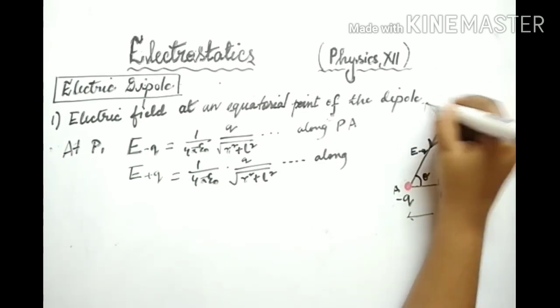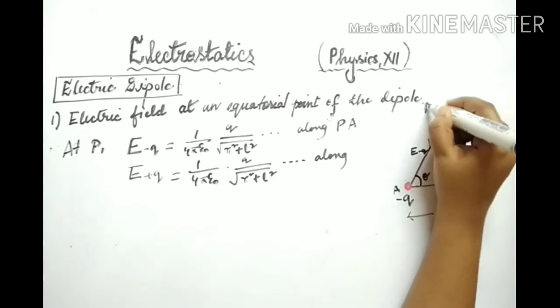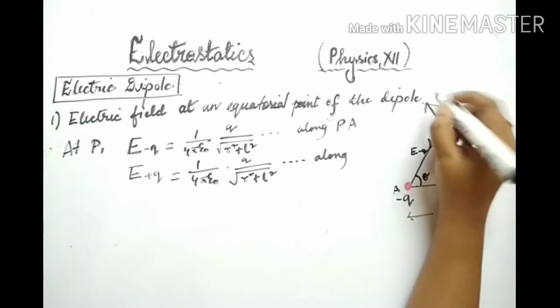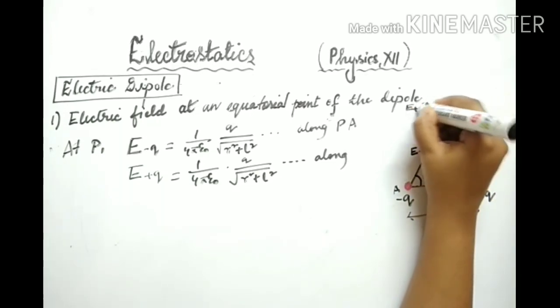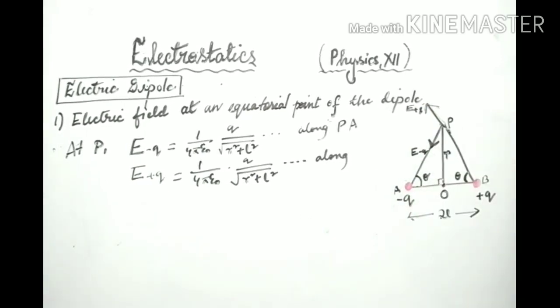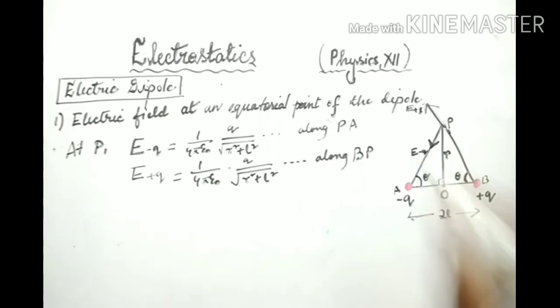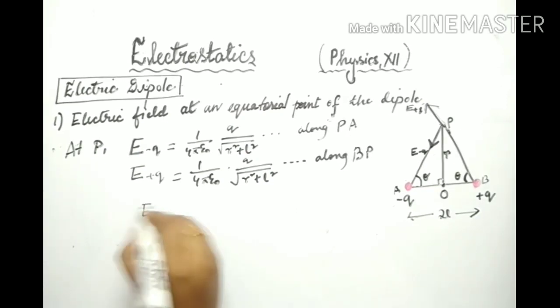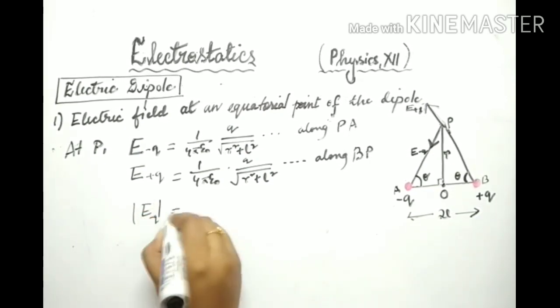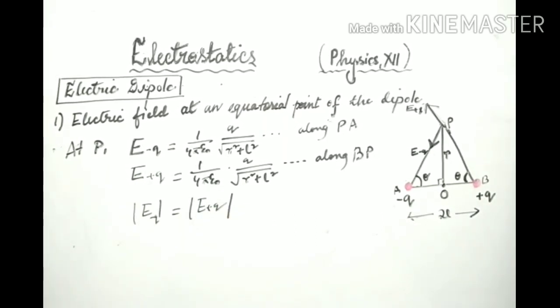So we write here plus Q. This is the direction of the electric field, along B, directed along BP. Now you see, the minus Q charge is equal to the plus Q charge; magnitude wise these are the same.